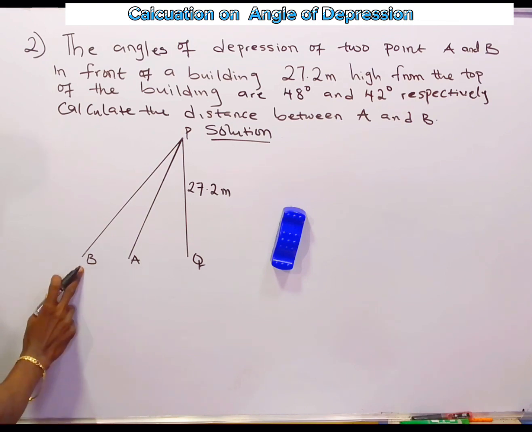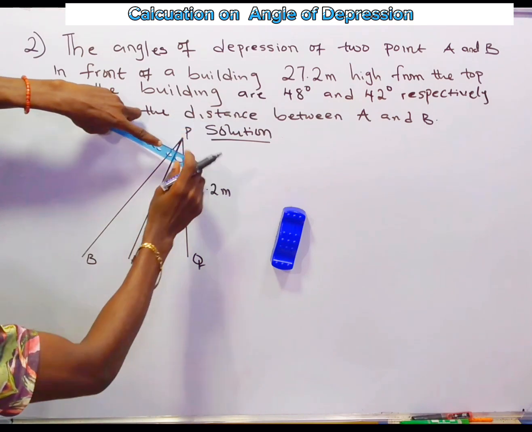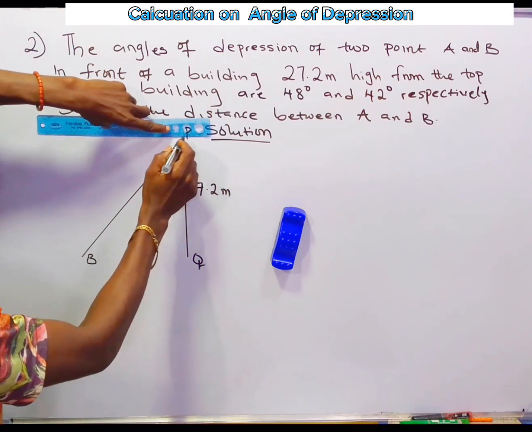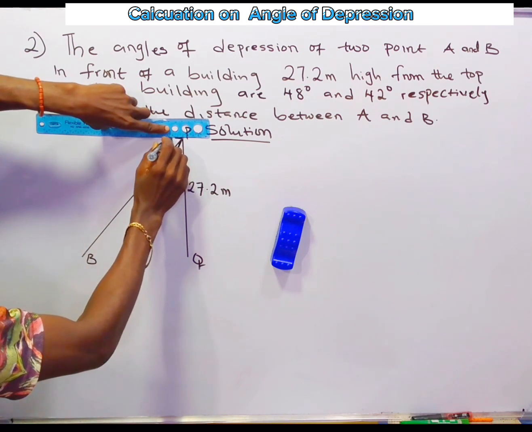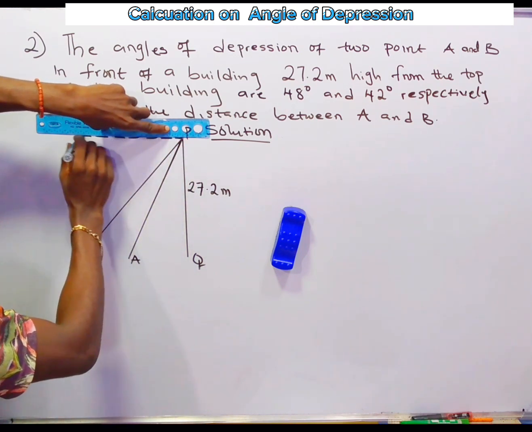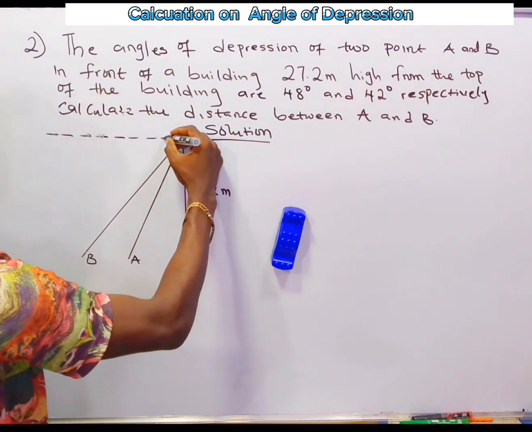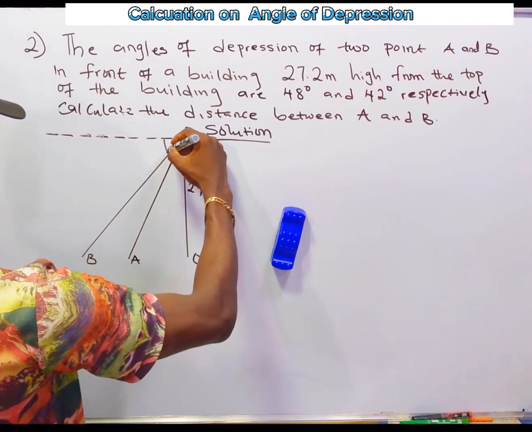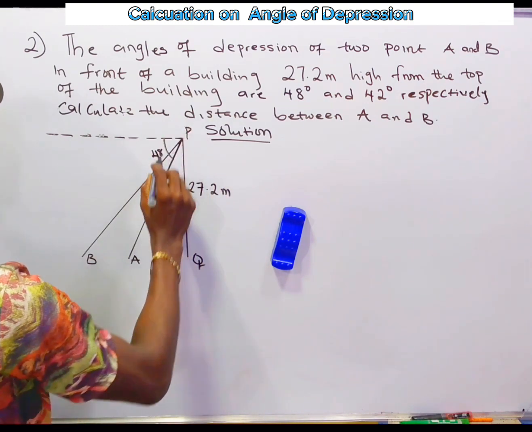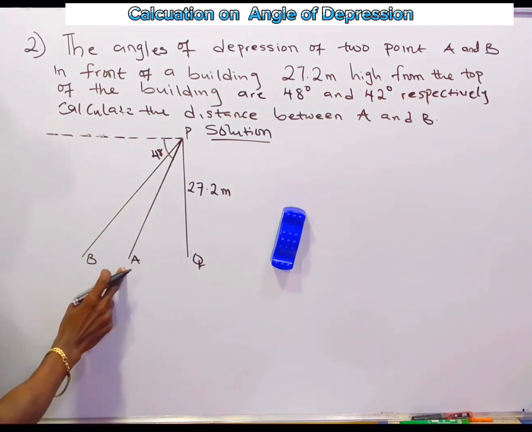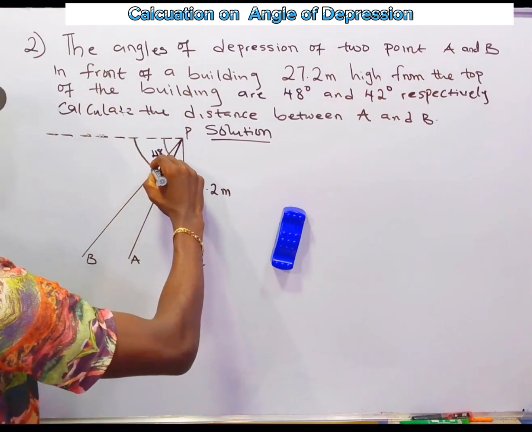Now the angles formed are 48 degrees and 42 degrees, which are angles of depression from the top of the building: 48 from the top to point A, and 42 from the top to point B.